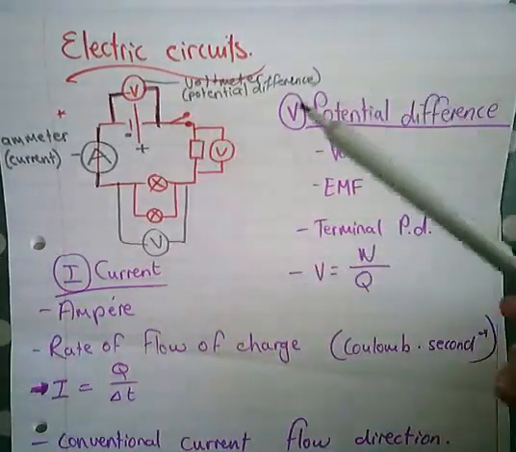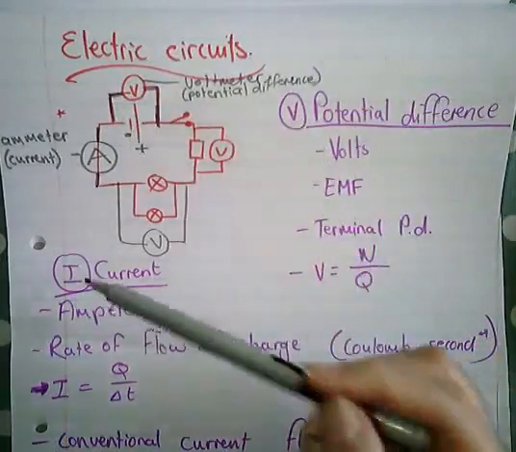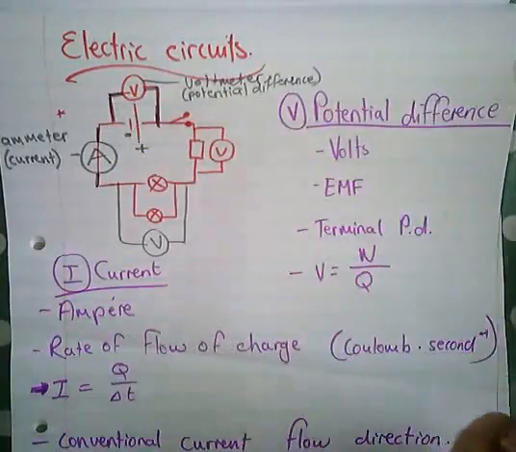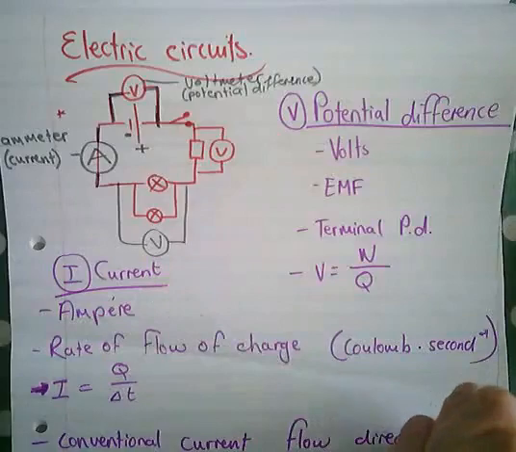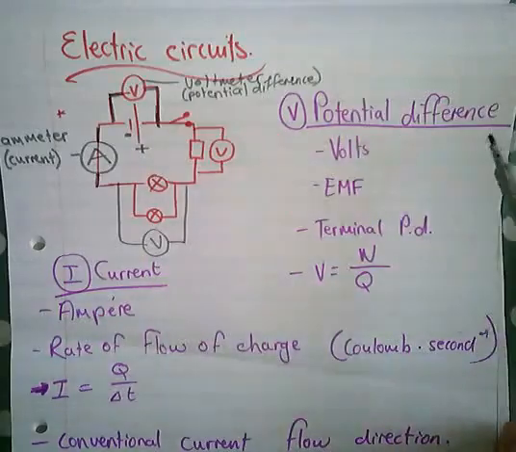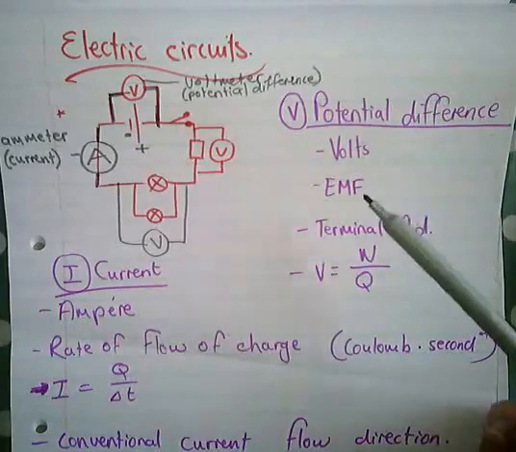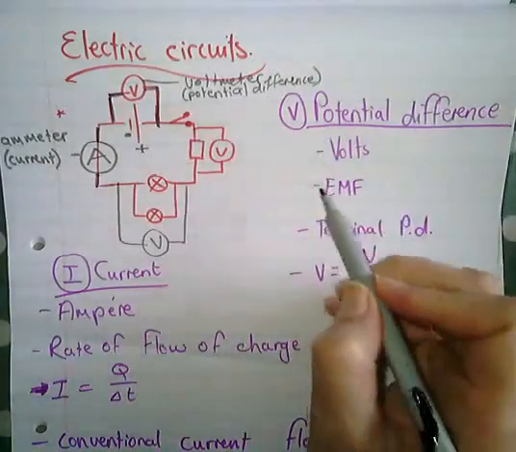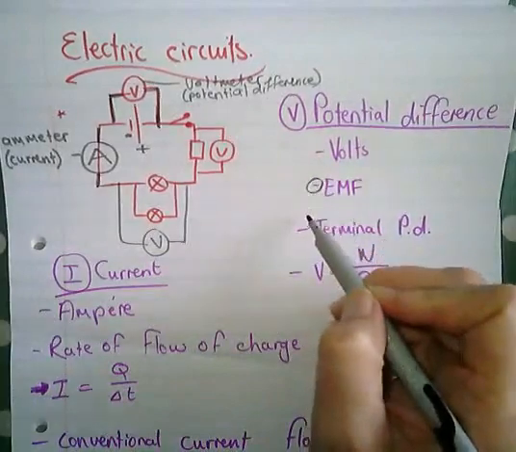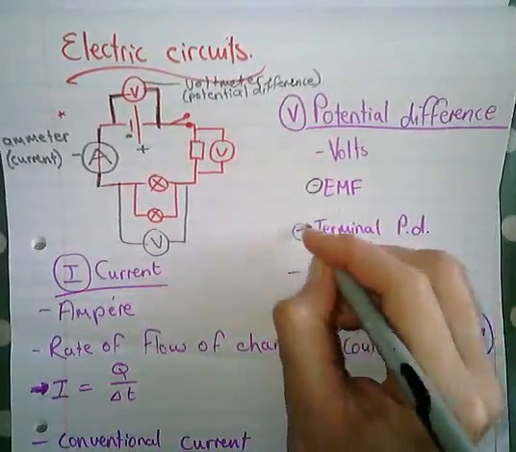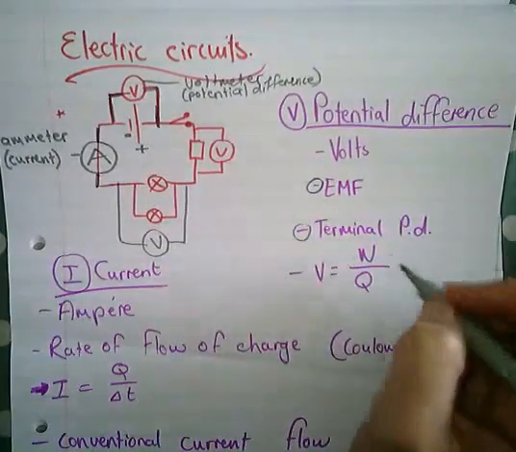Right. Then the three main parts of any circuit are the potential difference, the current, and the resistance. Potential difference is measured in volts, and you have to distinguish between what's called the EMF, the electromotive force, and the terminal potential difference.